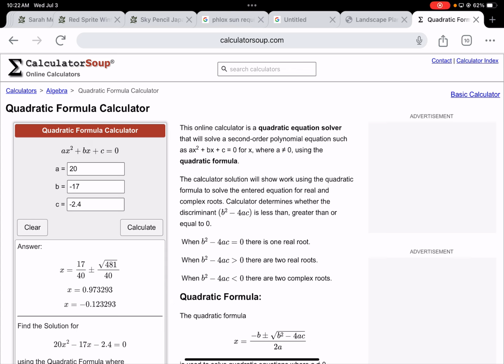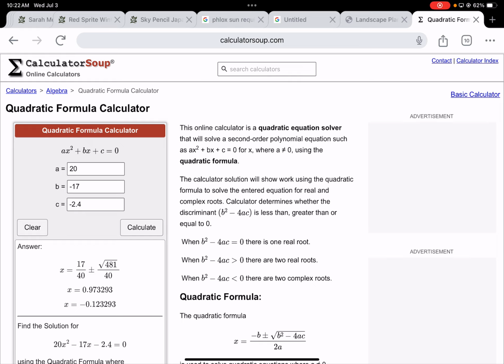Okay, so this is what it'll basically look like. So again, you have to have it set equal to 0, and then you put in what A, B, and C are. A being the coefficient of x squared, B the coefficient of x, and then C, the one that's just a number. So I put that in, 20. Oh, do you see that? It was not negative 20. That's where it is.